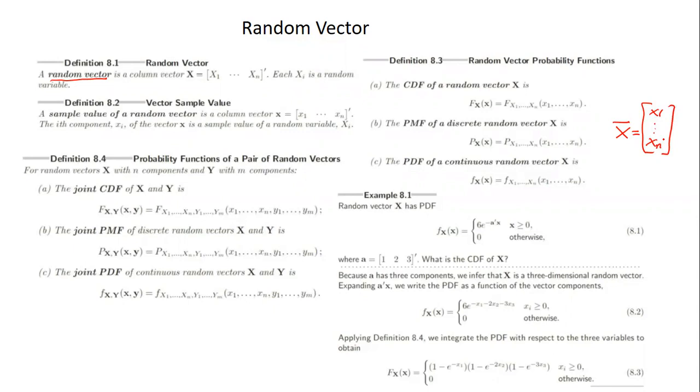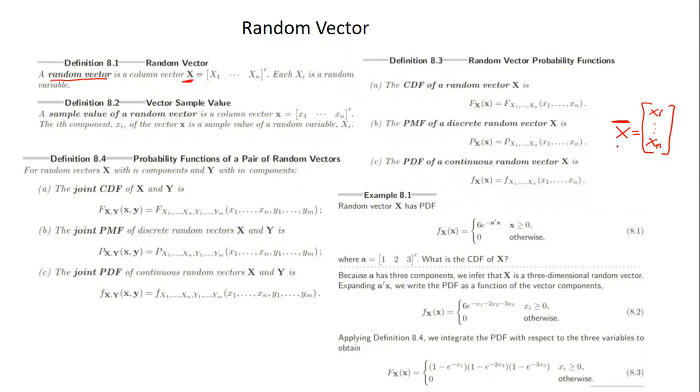By the way, there are two conventions to represent a vector in literature. One is to use a bold letter, just like this, X is bold here, which refers to a vector. Or alternatively, we can use a bar, x bar, which corresponds to bold x and refers to a vector.